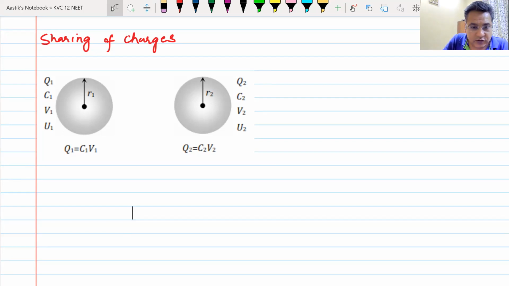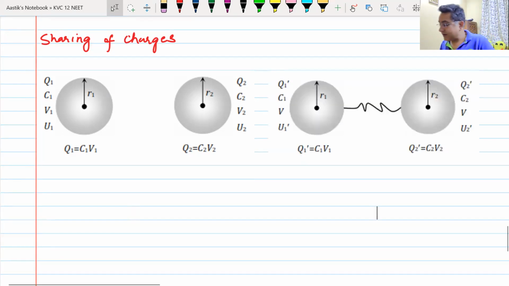Now what we are going to do is connect them by a conducting wire. So now they are connected by a conducting wire.